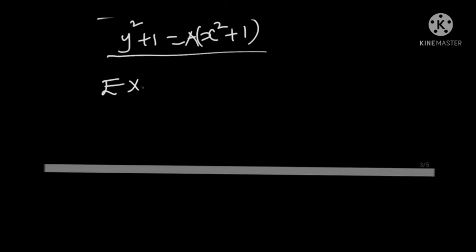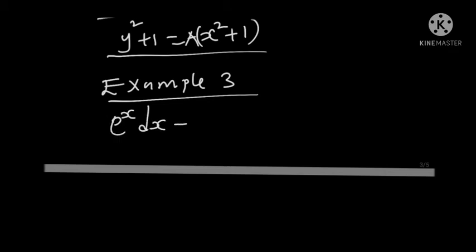Example 3. Suppose we have exponential to the x dx minus y dy equals to 0. Now, in this equation, the x and y variables have already been separated, so we just need to integrate.